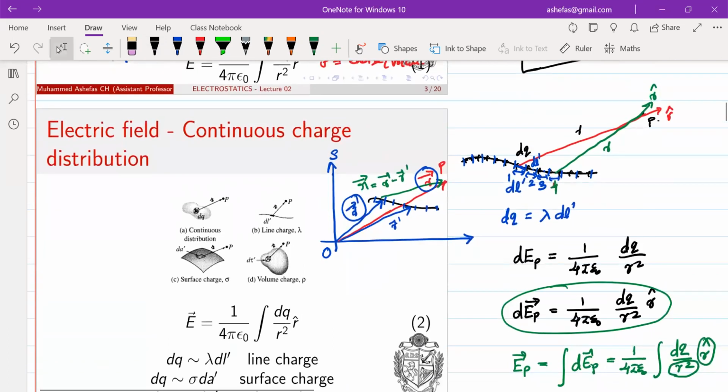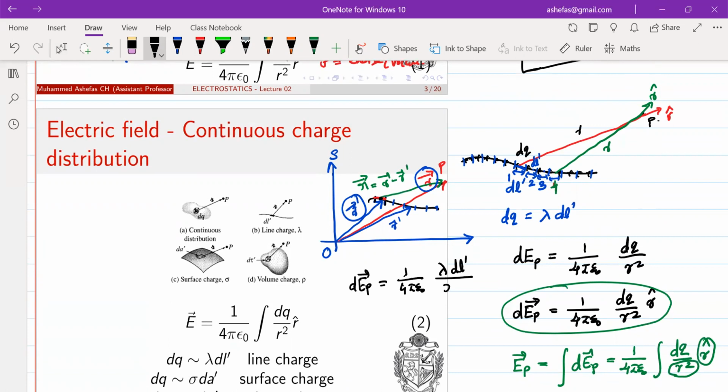So the infinitesimal electric field at point P due to this small segment would be equal to 1 by 4 pi epsilon 0 dq, where dq is lambda dl prime, divided by script r square. Here script r is the distance from the source to the field point. The source is this small line segment.